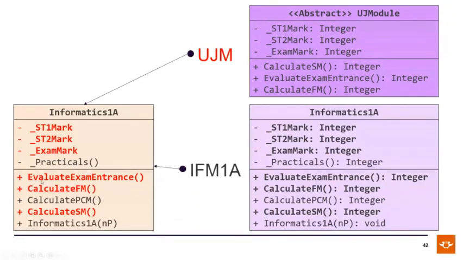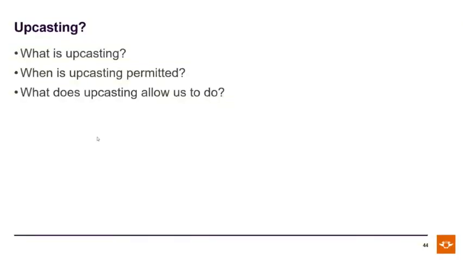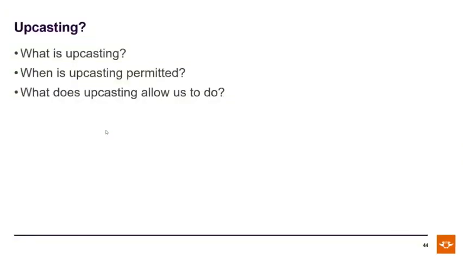So you can still invoke those functions, but only if called within a common function. It will be a bit more clear when I show you the code for it, when we discuss it that way. So things for today is what is upcasting, when is upcasting permitted, and what does upcasting allow us to do. So let's go over to our code.